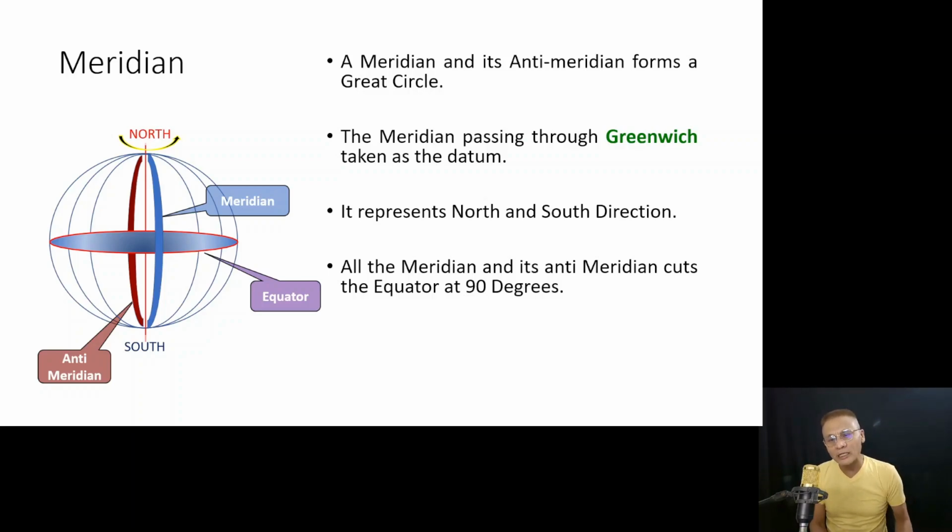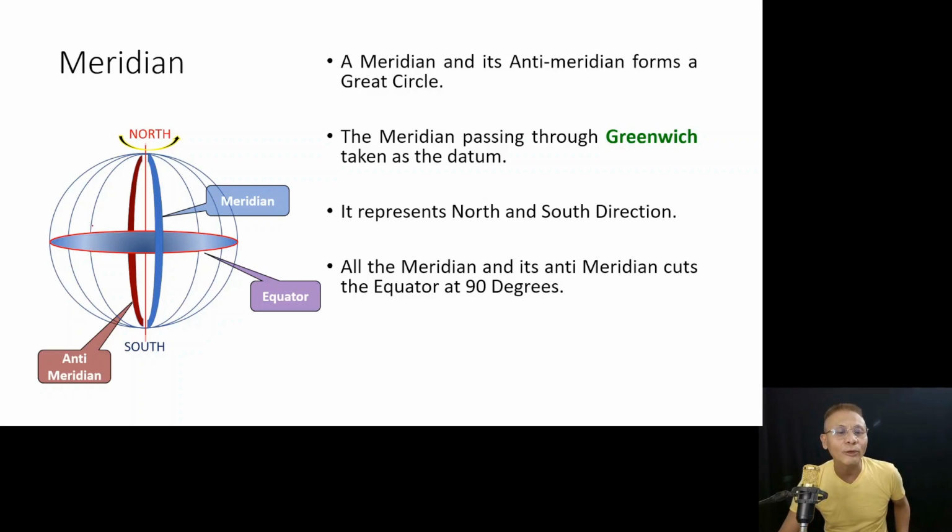The meridian passing through Greenwich, a place in the United Kingdom, is used as a reference, or datum, for measuring meridians.